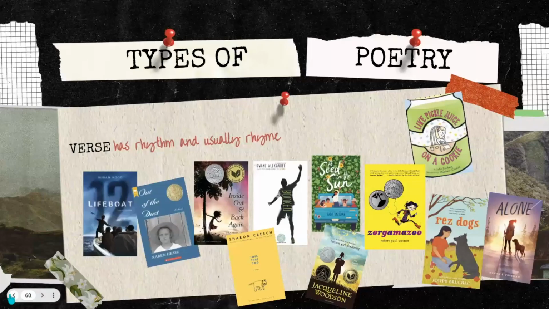Now, verse in itself isn't really a type of poetry. It's more like a structure that is used that has rhythm and rhyme. And so I wouldn't necessarily call it a type of poetry, but I would use a novel in verse to maybe explore this.